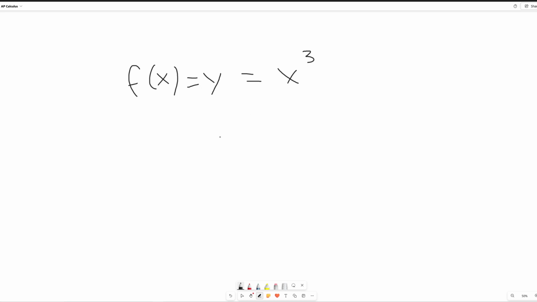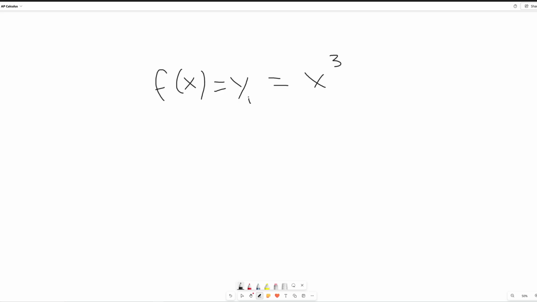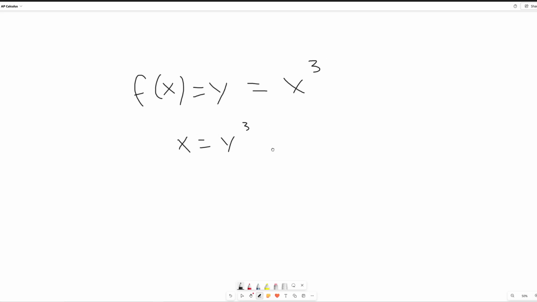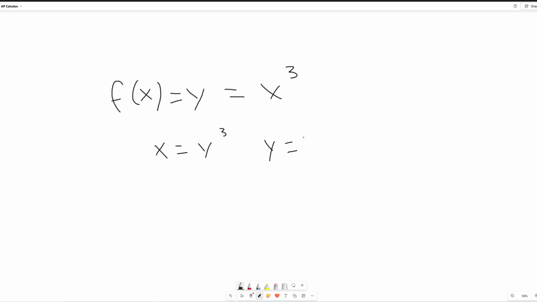So when you have an inverse function, you're just swapping the x and the y. So if you want to find the derivative of this inverse function, you will have x equals y cubed, or y equals the cube root of x.